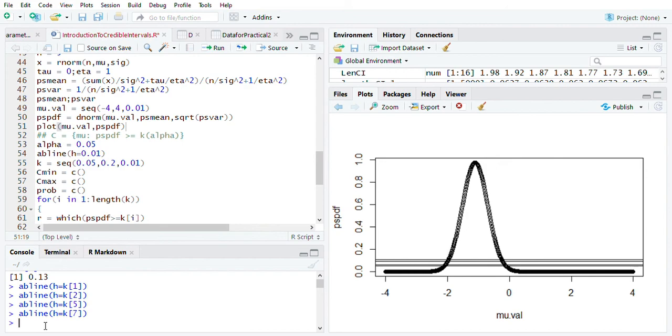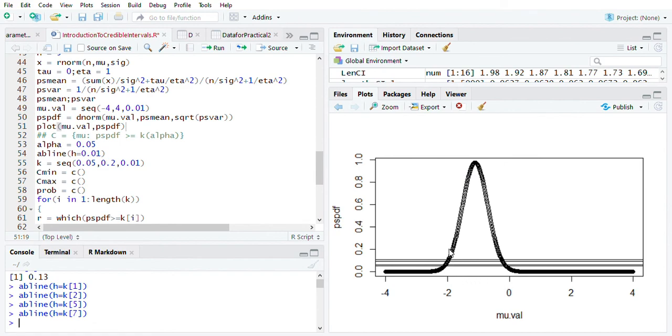What they do is, first they find all those mu's such that posterior PDF is at least as large as k. So if I talk about this last value, posterior PDF at least as large as k, this will be the region, and the corresponding interval will be somewhere here in this region.